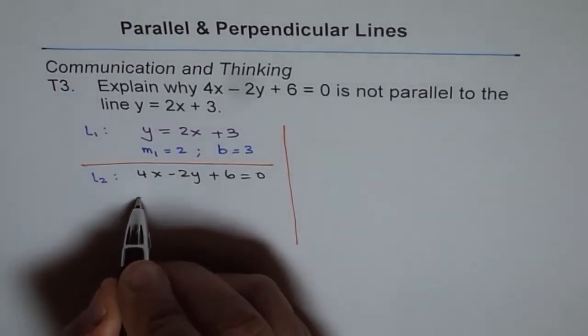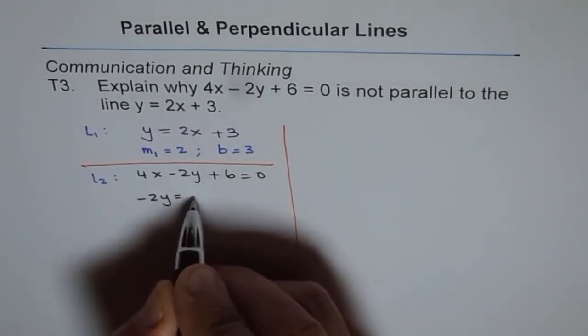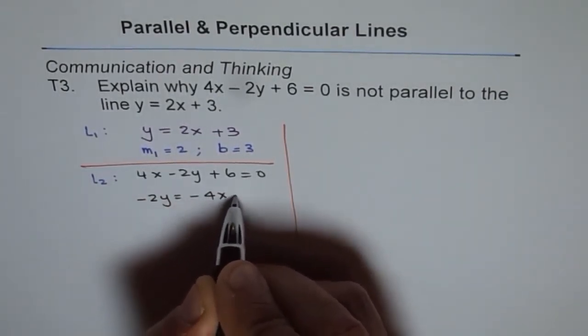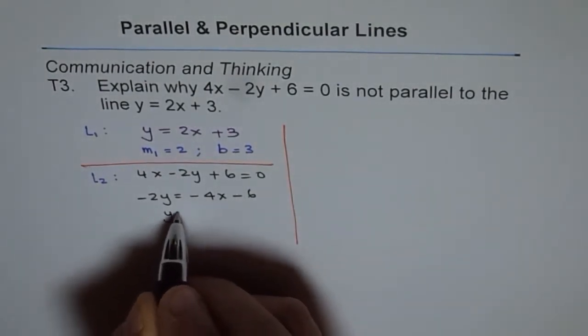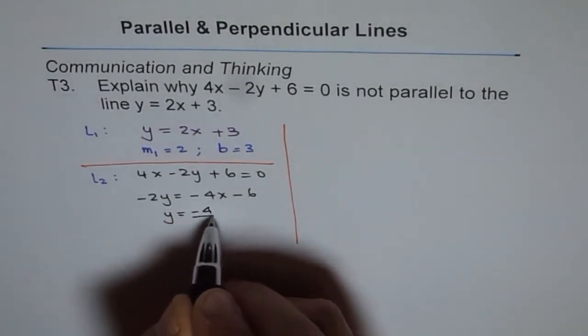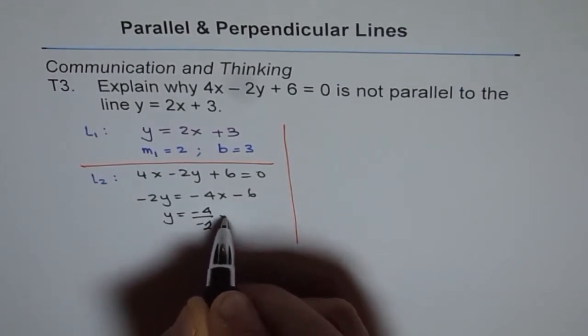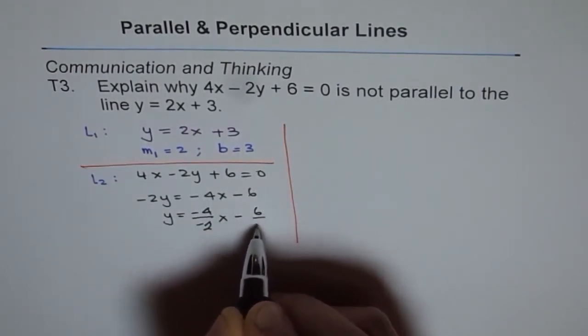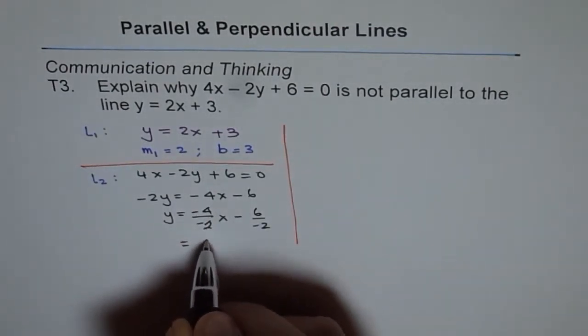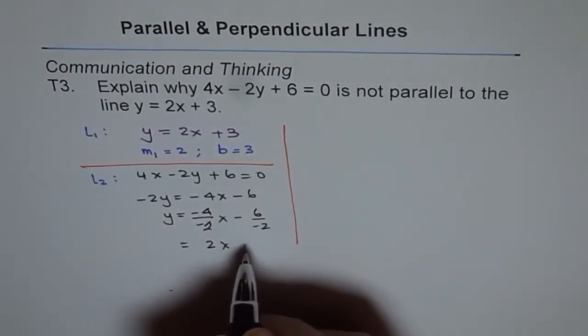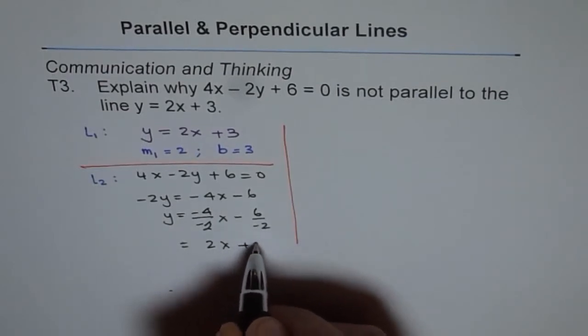We can write this as minus 2y equals minus 4x minus 6. Now we'll divide by minus 2. So we get y equals minus 4 divided by minus 2 x minus 6 over minus 2. And that gives us 4 divided by 2 is 2, minus minus cancel, and we get plus 3.